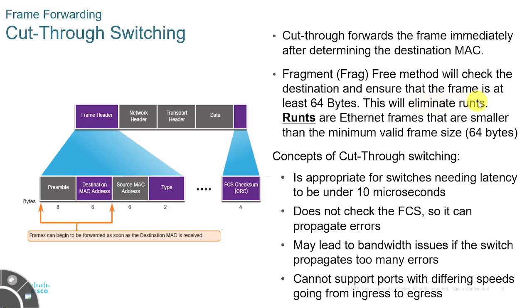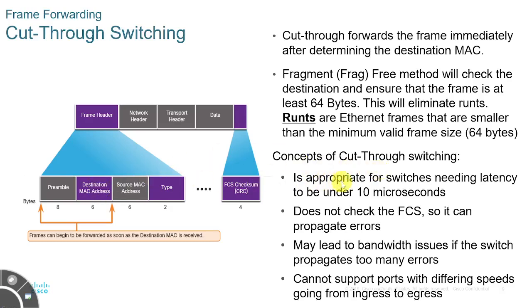This will eliminate runts. What are runts? Runts are frames with a size of less than 64 bytes. Okay? So we need to check at least 64 bytes in order to determine the destination MAC.